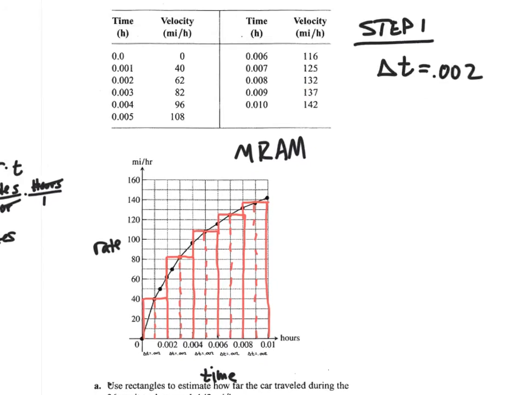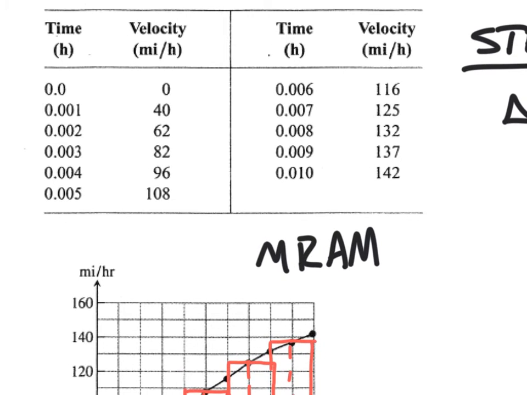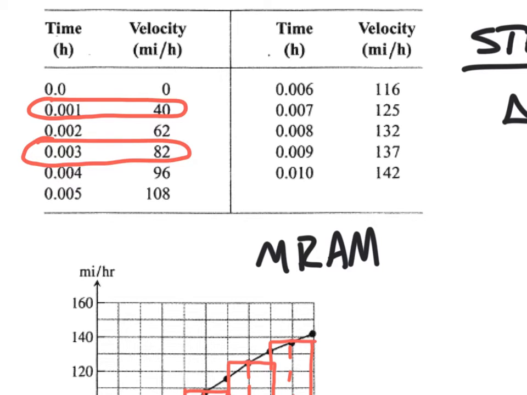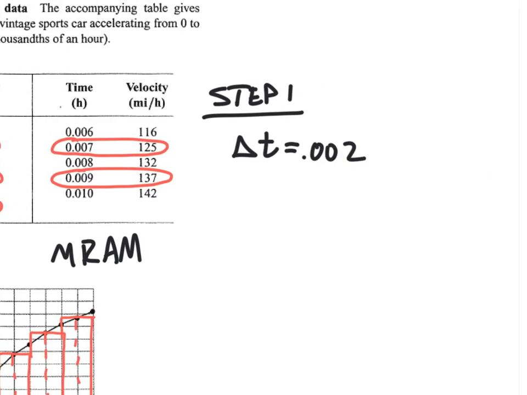So I'm going to circle these values that I want. 0.001 is 40, 0.003 is 82, 0.005 is 108, 0.007 is 125, and 0.009 is 137. I'm going to write those down over here.